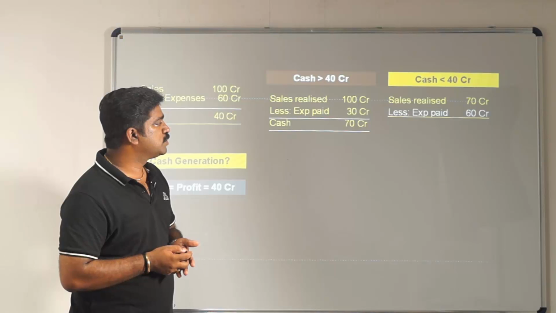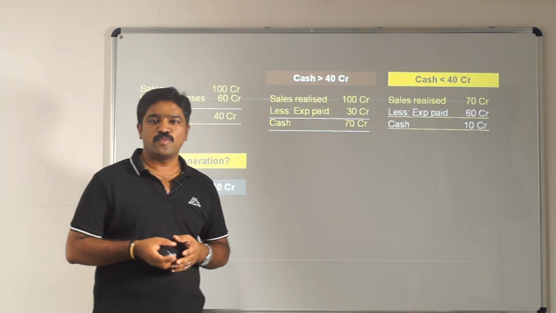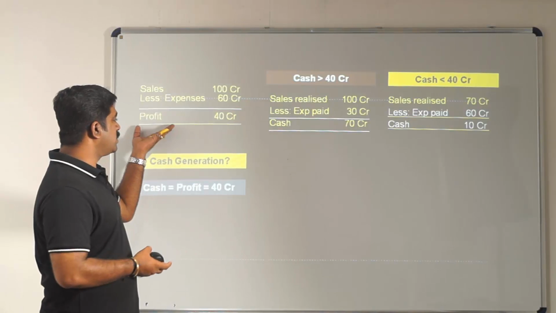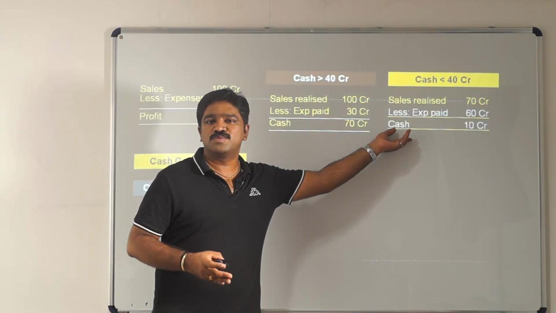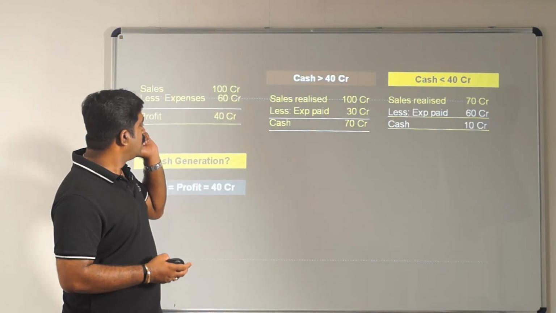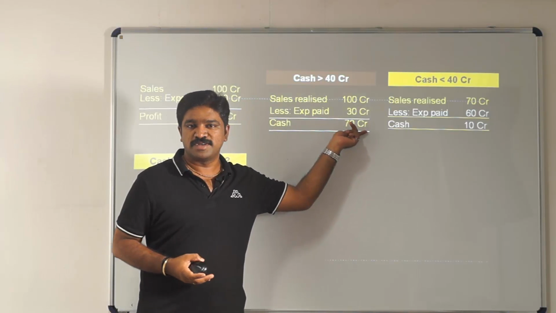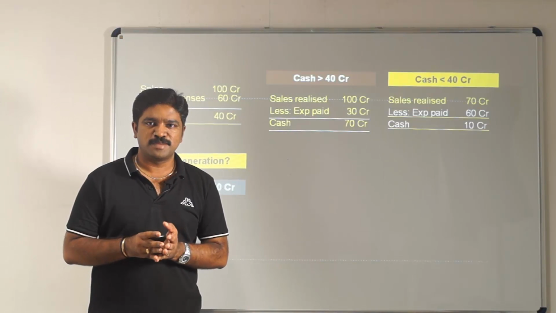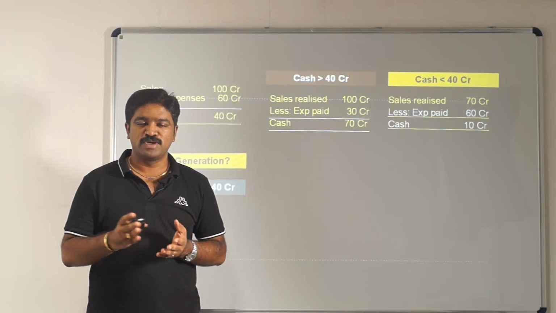So what is the cash position? Your cash position is 10 crore. So this is a scenario where your cash generation is less than profit. If you look at your income statement, you are making profit, but your cash is only 10. So understand this significance: your income statement will communicate profit, but that profit is not equal to cash.